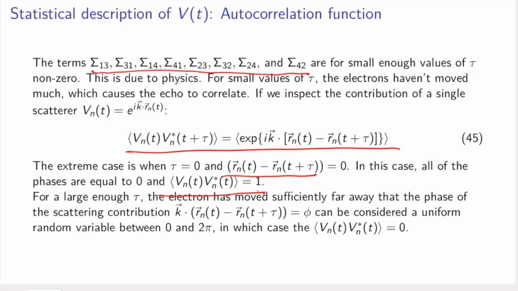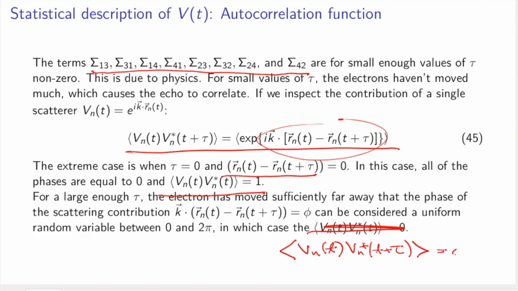However, for a large enough value of tau, the scatter will have moved a significant distance, and once again we can treat k dot Rn of t minus Rn of t plus tau as a uniformly distributed random phase. And in this case, the cross correlation of the scattered voltage for a single scatter becomes 0 when tau is large.